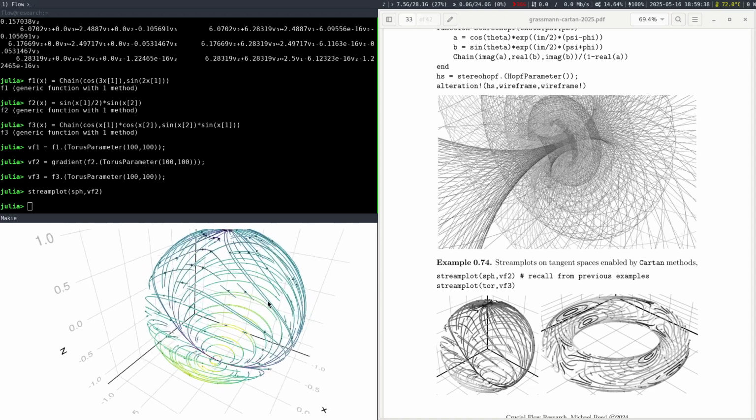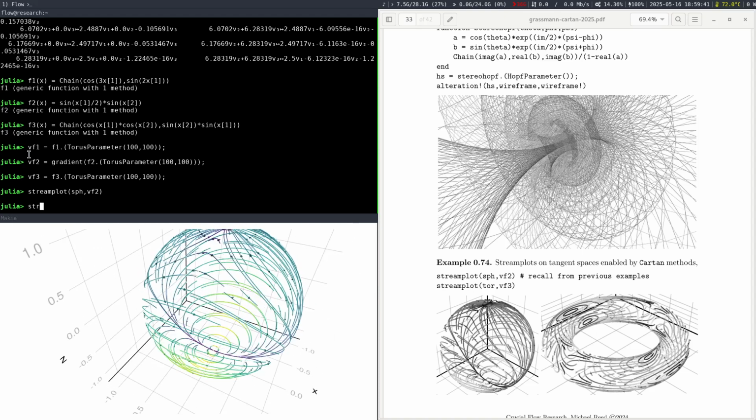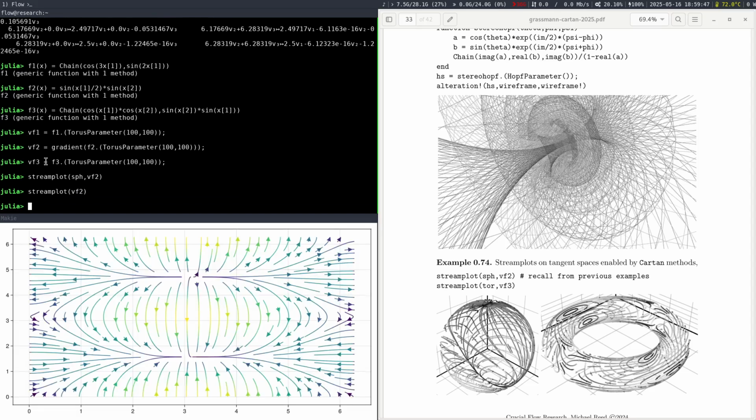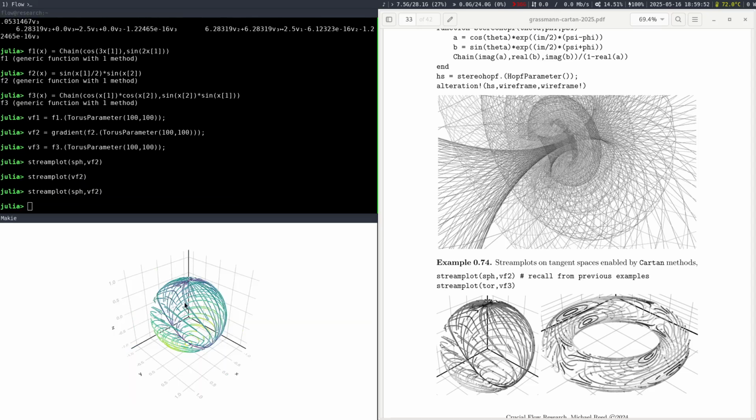Stream plot on a sphere. So we had this vector field, right? VF2, and we can put it on the sphere.